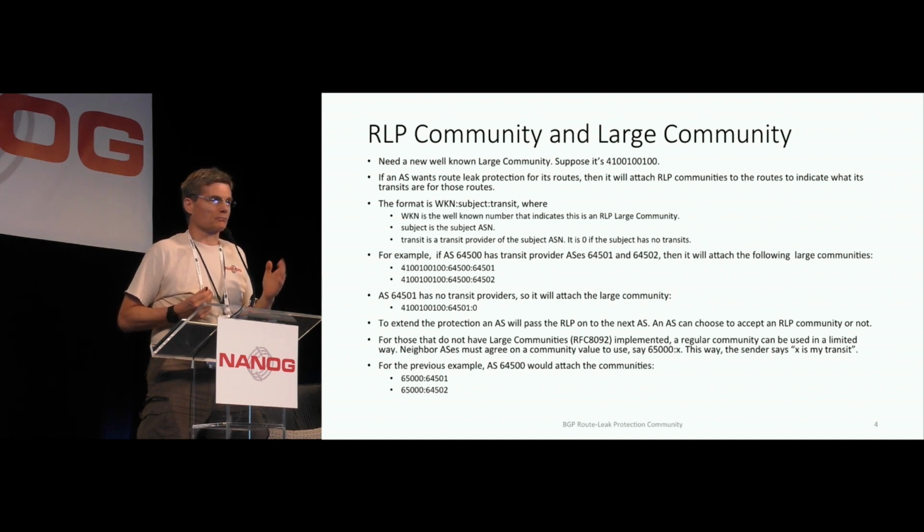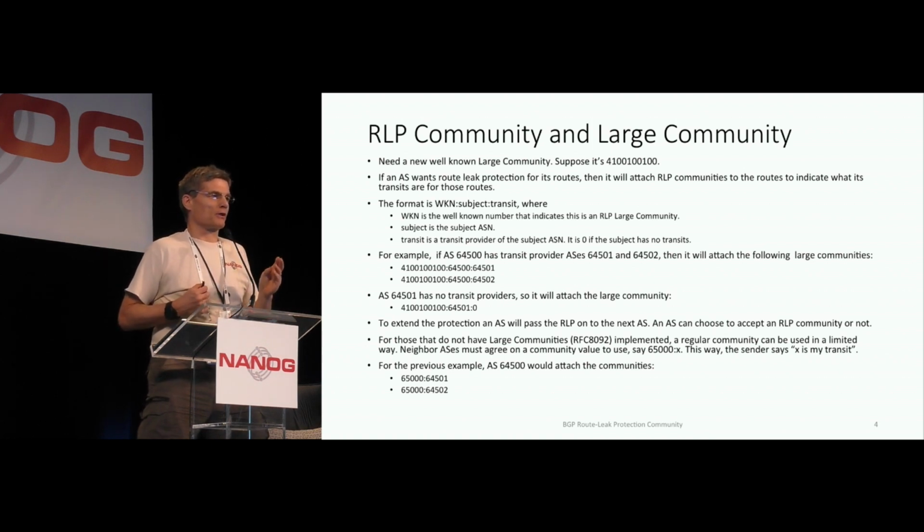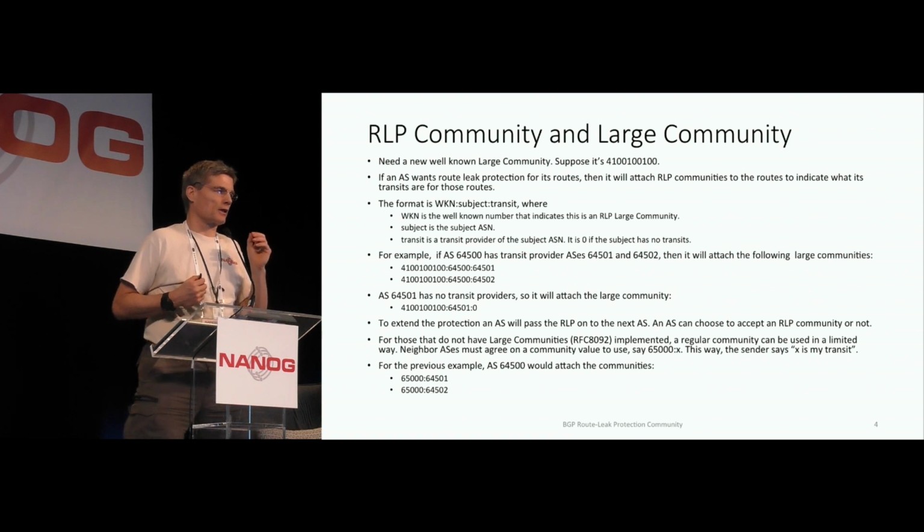There are some CDNs around that will have lots and lots of transits, but they send a single route to each transit, but not to any of the others. So the transit, peer, customer relationship is different for different routes. So I put the information onto the routes themselves.